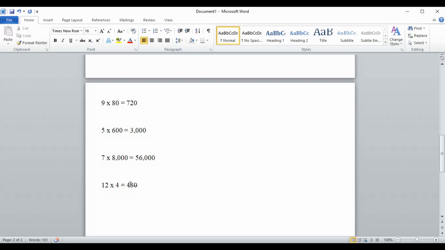So 12 times 4 equals 48, but this has 1 zero on it. So I'm going to turn that into 120. And let's check our work again. 12 times 4 is 48. Add 1 zero.